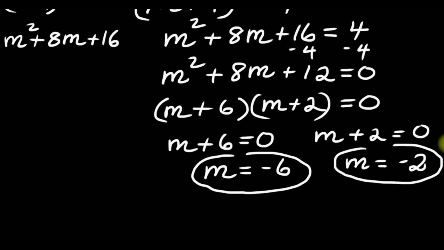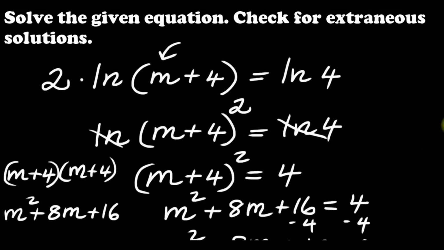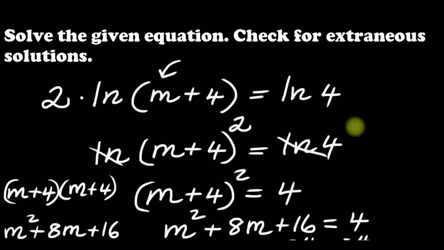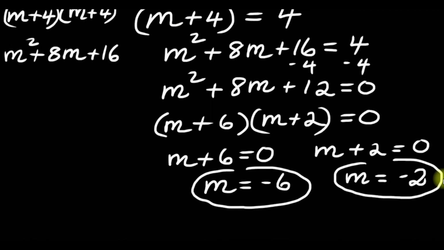Okay, let's start with negative 6. So I plug negative 6 in here. For this I'm going to end up with negative 6 plus 4, well, that's going to be negative 2. And I cannot take ln of negative 2. So that is no good. This solution is no good.